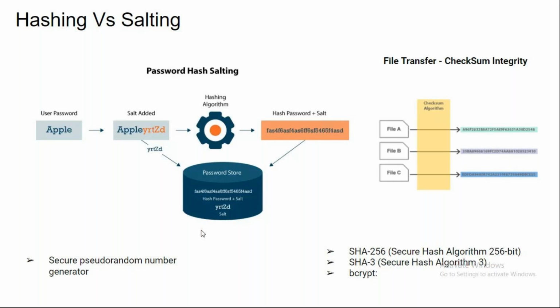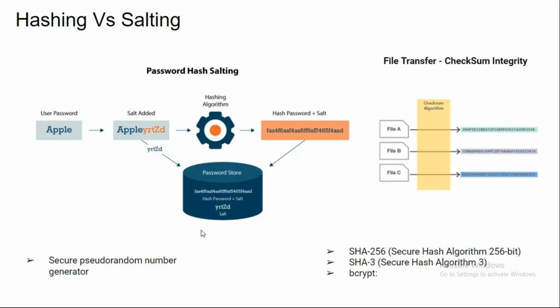It compares the hashed password in your database versus whatever you have entered plus salt, run through the hashing algorithm. Never ever will the word Apple be there in your database. So that is your hashing.